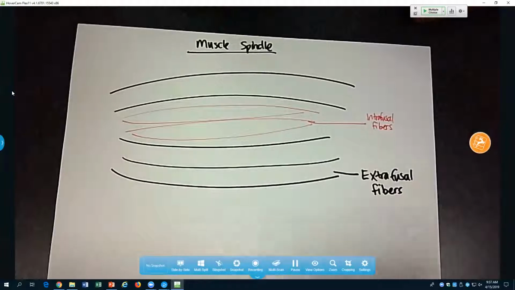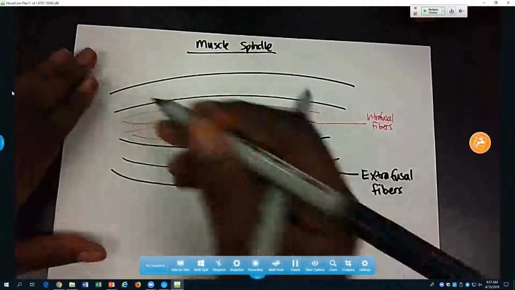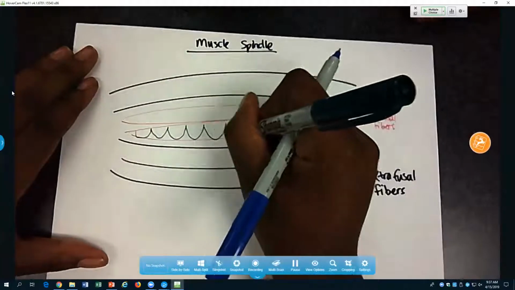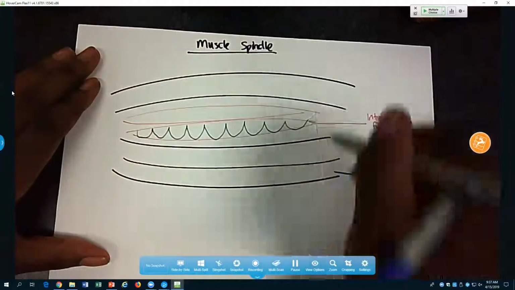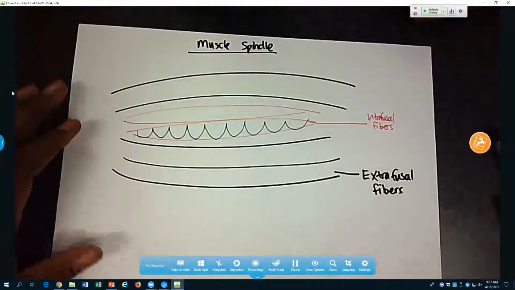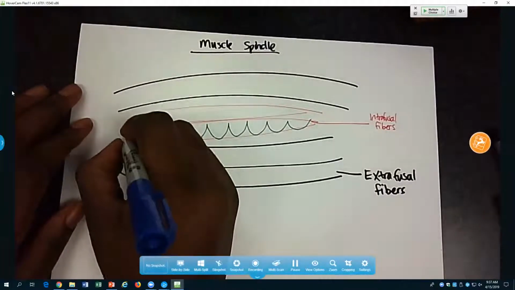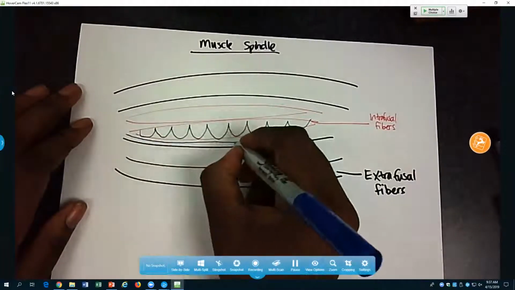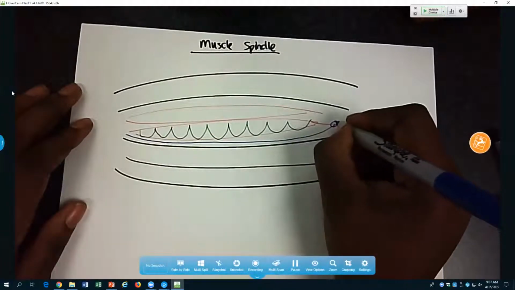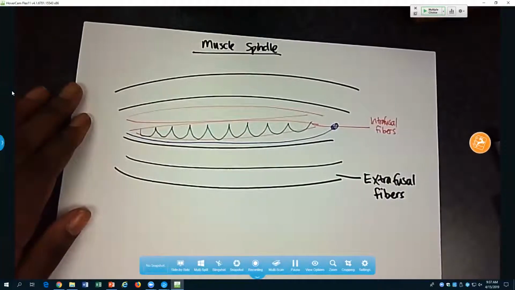Now, those nerve endings we mentioned already are the annulospiral. As the name implies, this nerve ending wraps around the muscle spindle or the intrafusal fiber, sometimes called the central bag. And then the flower spray ending runs off to the side and usually attaches to the distal part of that intrafusal fiber.